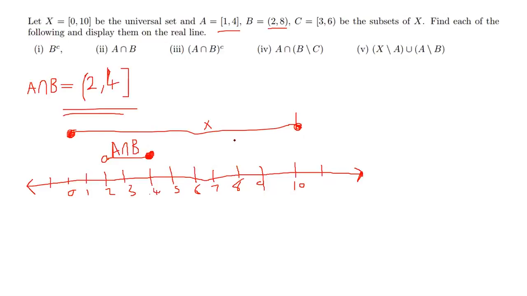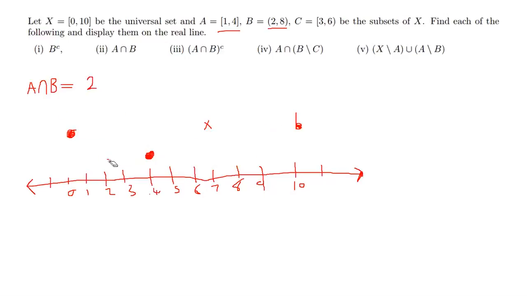Let's see how you can solve these other questions. So we have A intersection B complement. So this one is having a complement in this other.